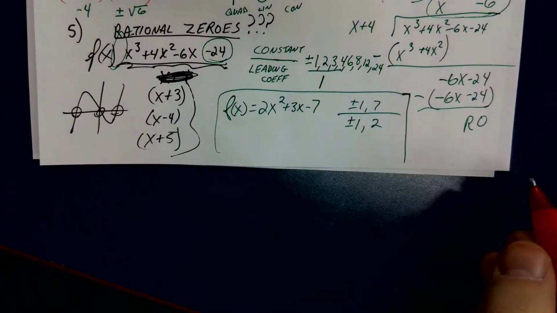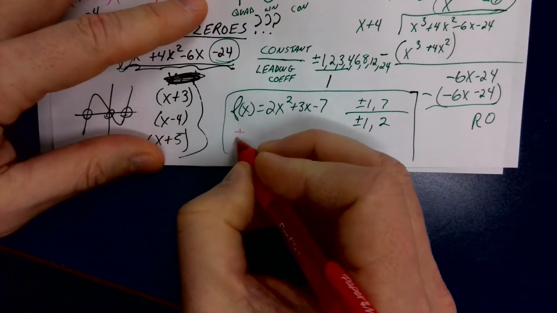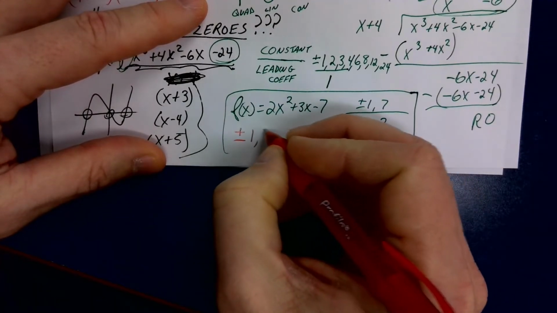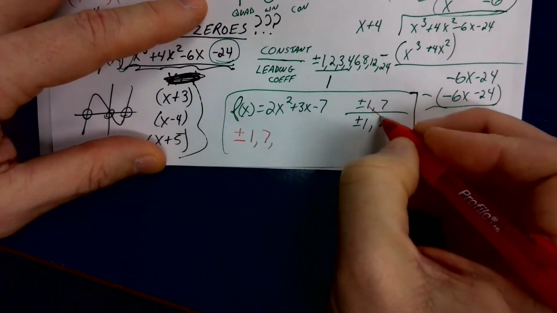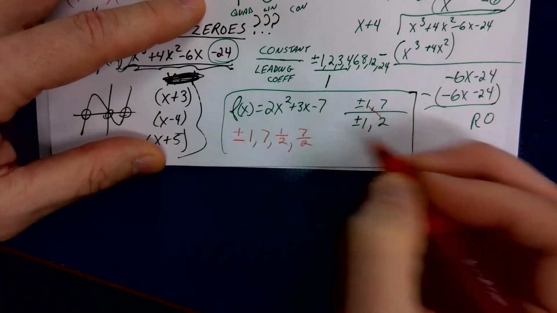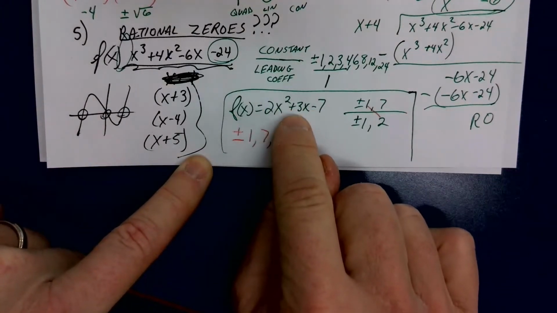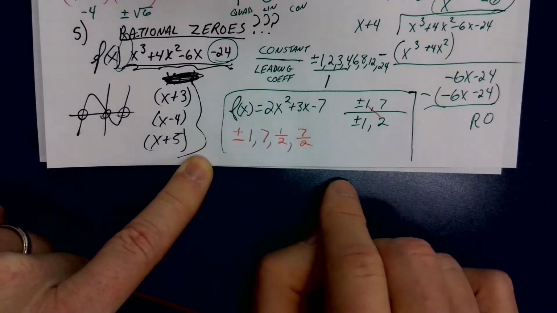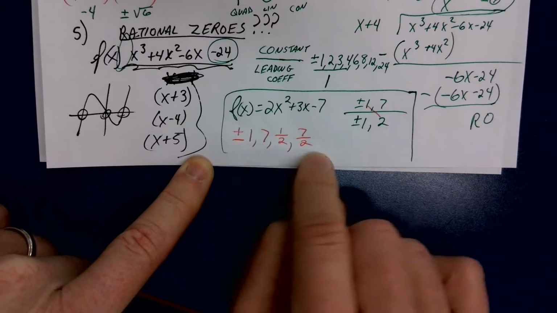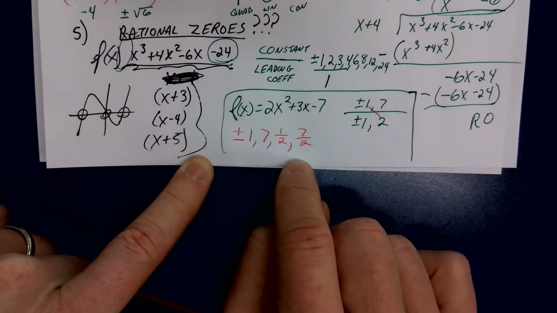I'd have plus or minus 1, 7, 1/2, and 7/2. Those are all my possibilities. If this was to cross the x-axis in a rational place, not irrational, right, it would have to cross at one of these 8 locations: the positive of all these and the negative of all these. Okay?